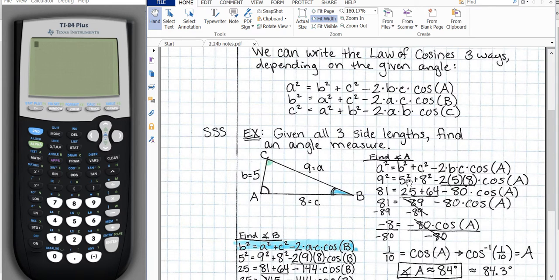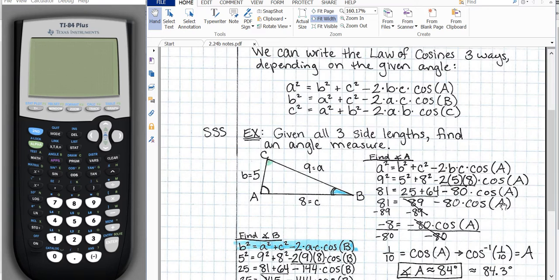So go ahead and square that 5, square your 8, we get 25 plus 64. We can add those because they're separate from the product over here. So we get 89 for their sum. When you multiply 2 times 5 times 8, we get 80. So on the right side of the equation, we have 89 minus 80 times the cosine of A.